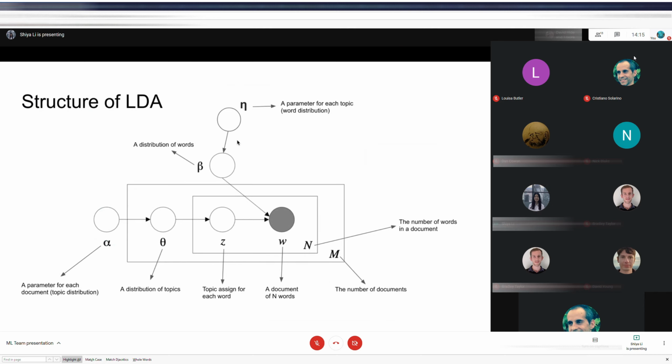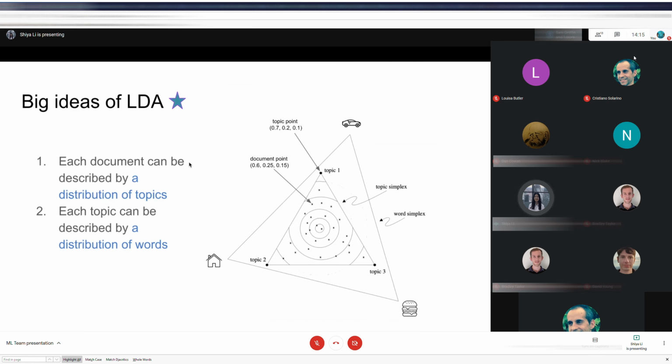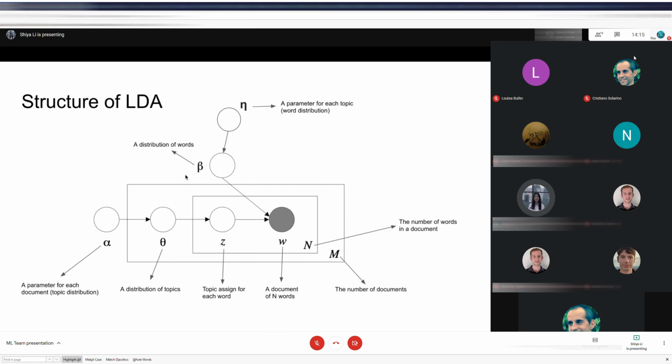So we have a brief understanding of our LDA space. Now we're going to move to the structure of the LDA model. I know this seems a little bit scary, a little bit complicated, but I'm going to use only very simple concepts to describe this structure.